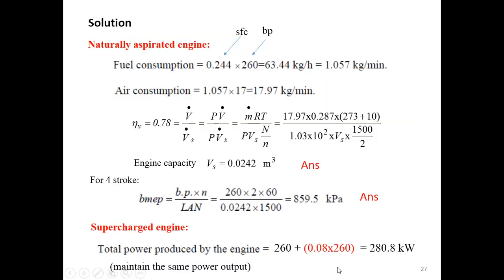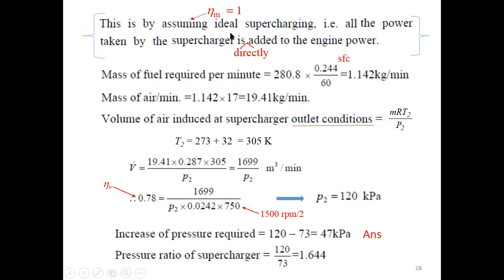This calculation that we come out with is based on the concept that we assume our supercharging is an ideal one, right? That means we have no loss in the shaft that connects the engine and our supercharger, so the mechanical efficiency is equal to 1.